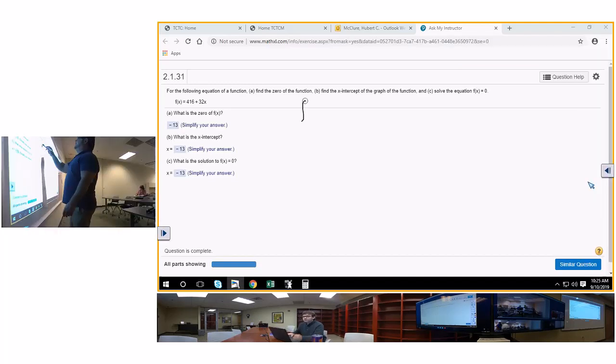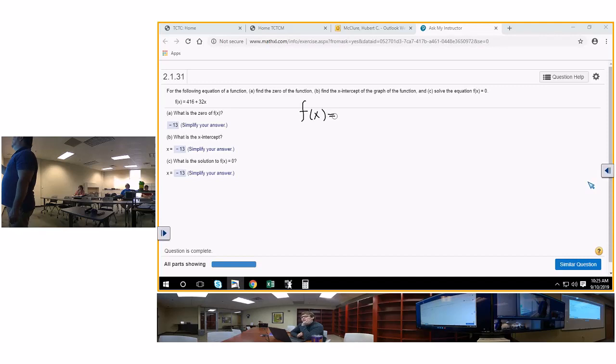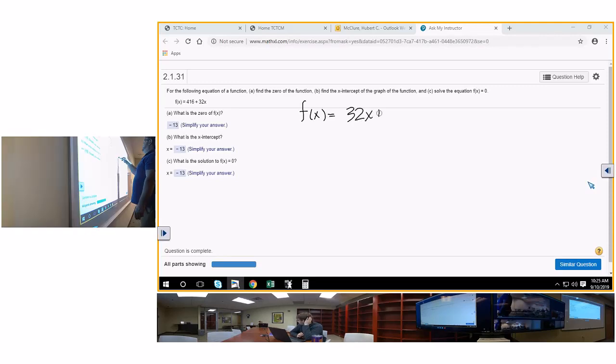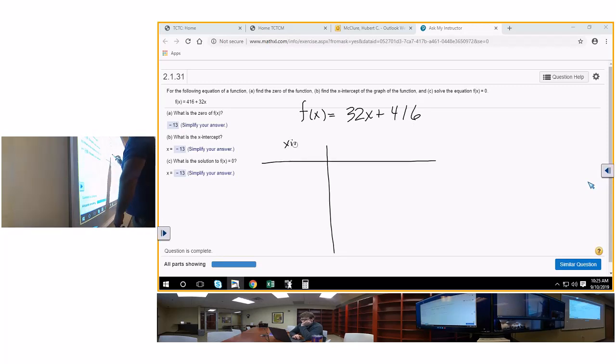F of x is equal to 32x plus 416. And I'm going to do my x and y intercept. X-intercept, y is equal to 0. Y-intercept, x is equal to 0. Now, of course, when x is equal to 0, you get 416, so you don't have to do any work there.